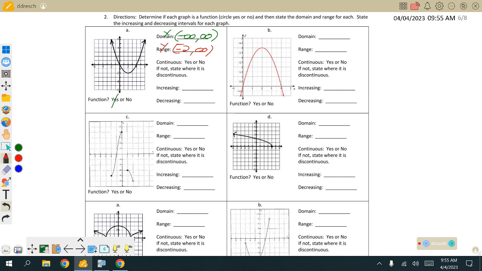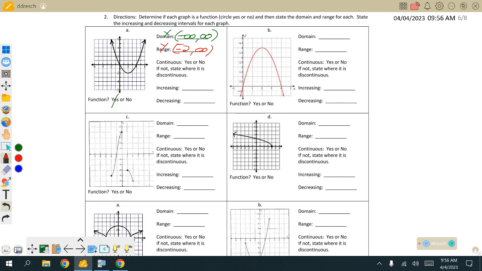All right, continuous. Take your pencil. Can you trace that graph without picking up your pencil? Yes, no. So, would you think this is considered continuous or not? Don't overthink it. I know sometimes math seems super crazy difficult.